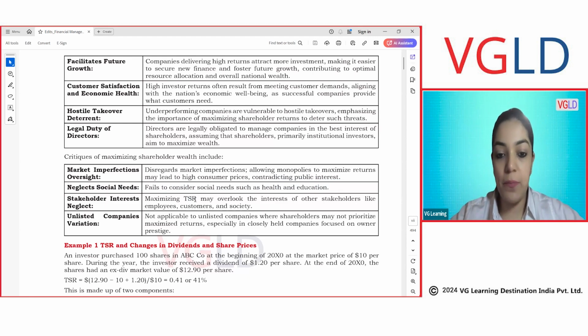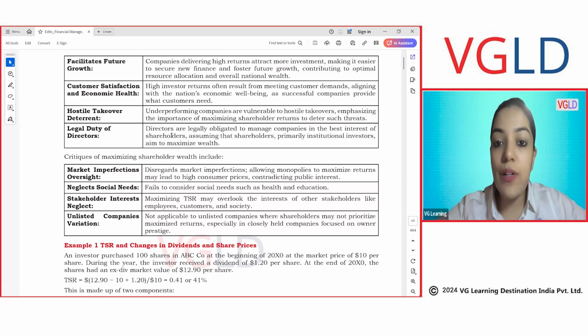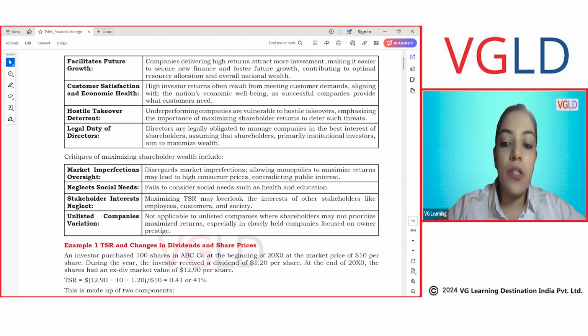I'll give you one example. To increase the profits of the company, the salaries of employees are being cut, or maybe employees are being laid off. So the pursuit of maximizing shareholder wealth may lead to an oversight of the interests of other important stakeholders.